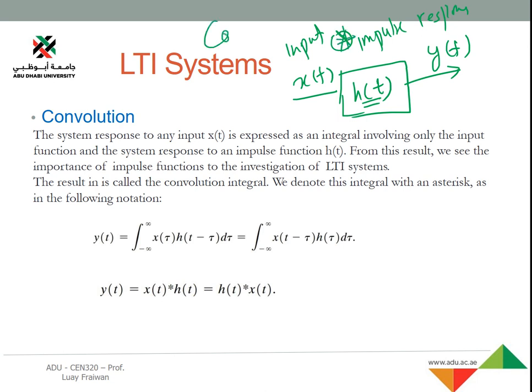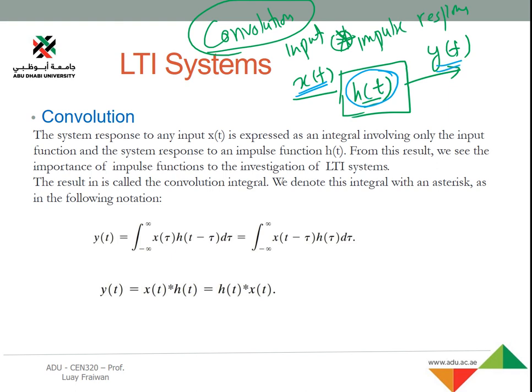Their interaction is called convolution. This is a very important concept, with a lot of applications in signals and systems, digital signal processing, artificial intelligence, you name it. Mathematically, the interaction between your input and your impulse response is called convolution.